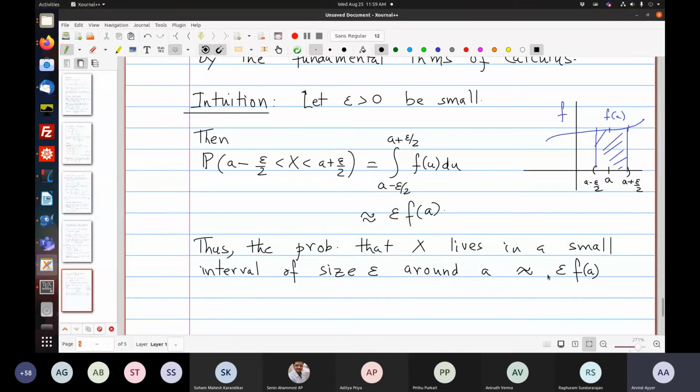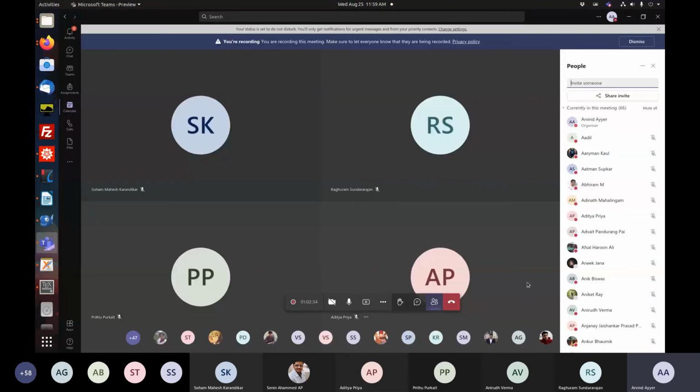And if you take epsilon going to 0, if you take the interval smaller and smaller, you are going to get, of course, 0. But you will get f of a if you divide by epsilon and then take the limit, right? As you have seen in your calculus class. So that is the intuition for what the PDF means. Okay.